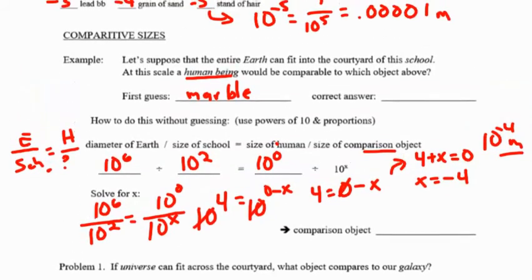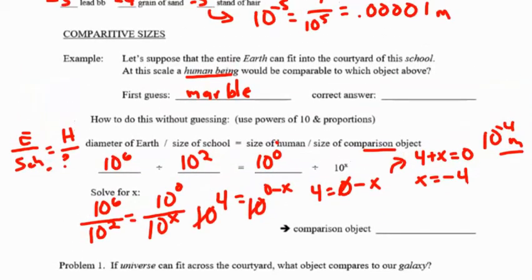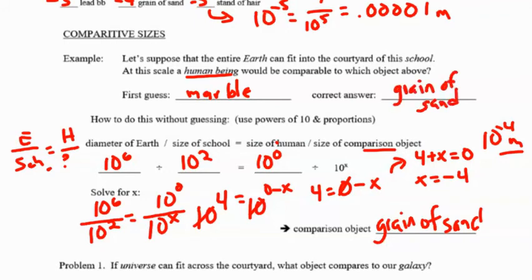If we go up, that's a grain of sand. So I'm just going to put grain. That's amazing. If you can envision the earth fit into the courtyard, a human would be the size of that cute little grain of sand we saw before. That gives you an idea of how large the earth is compared to humans.